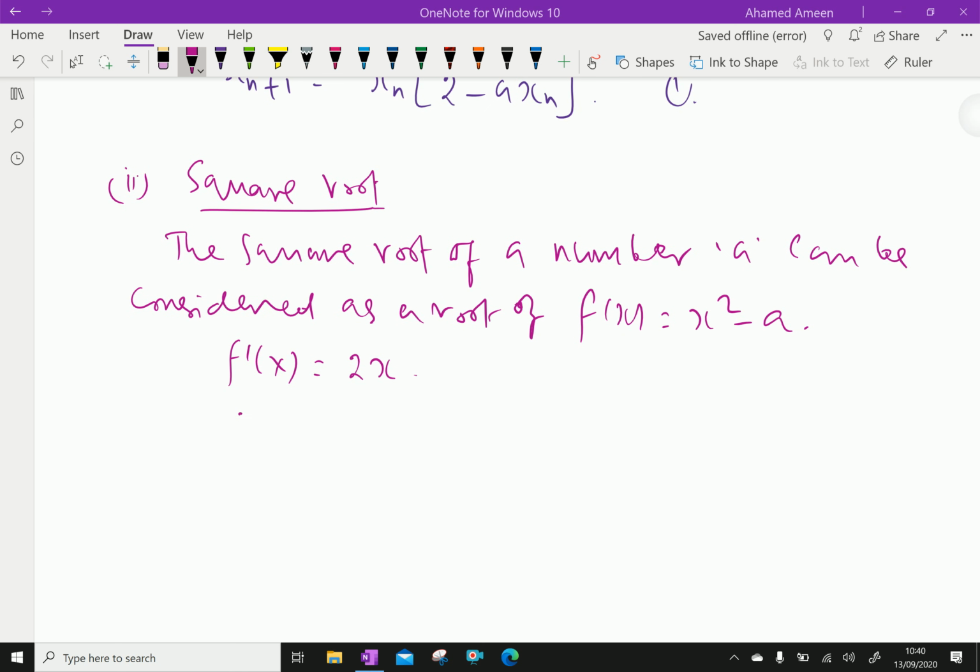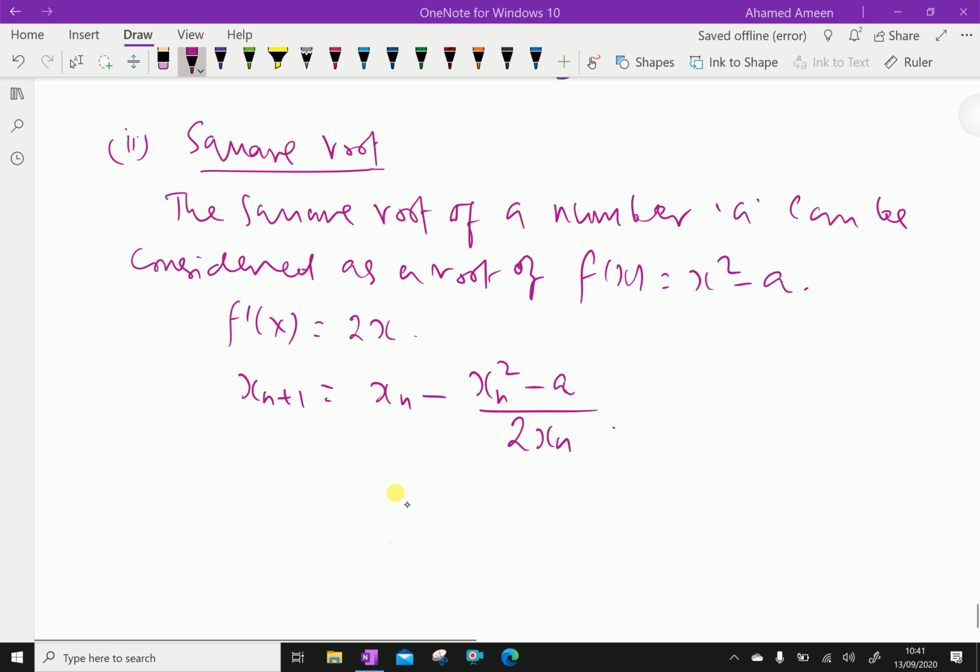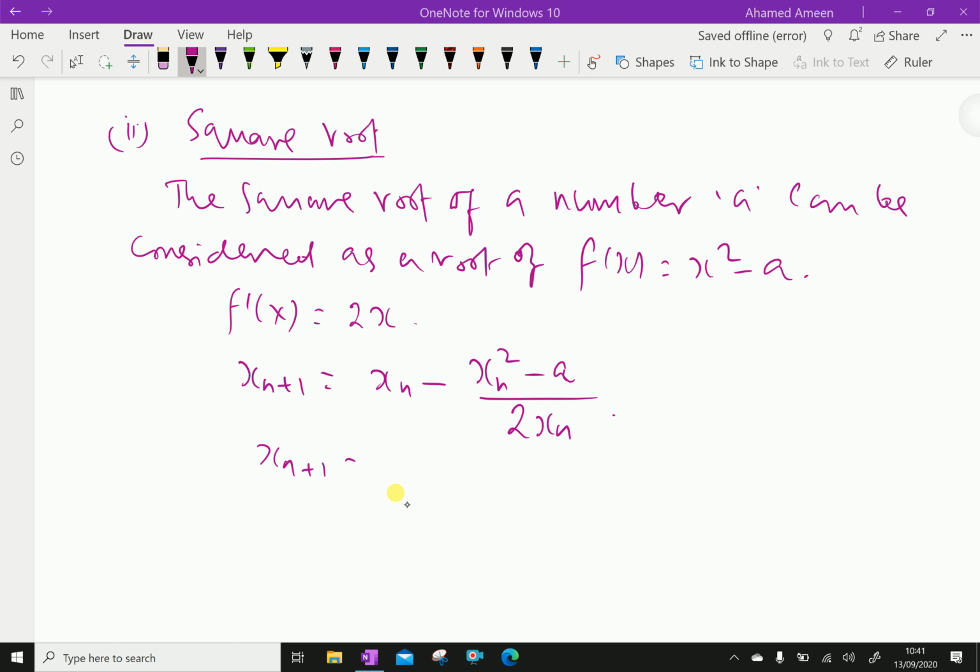Therefore, Newton iterative formula x n plus 1 is x n minus (x n squared minus a) over 2 x n. Therefore, you can write x n plus 1 equal half (x n plus a over x n). This is a simplified formula for that one.